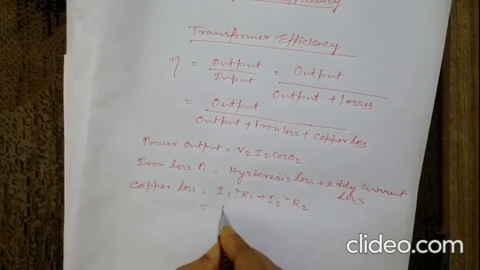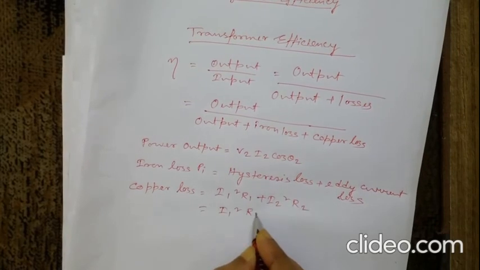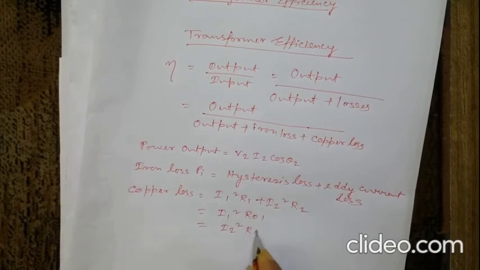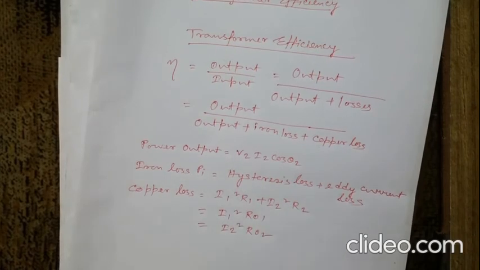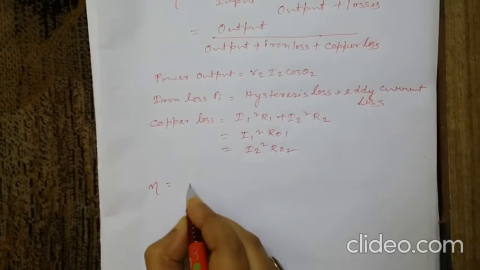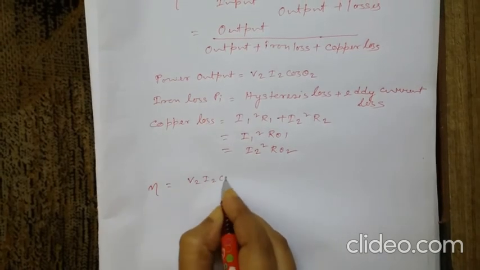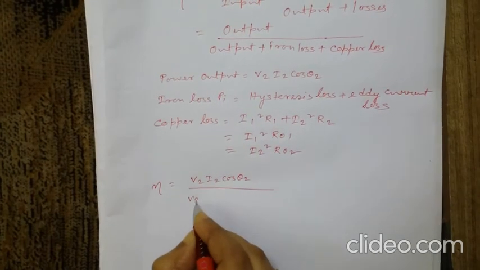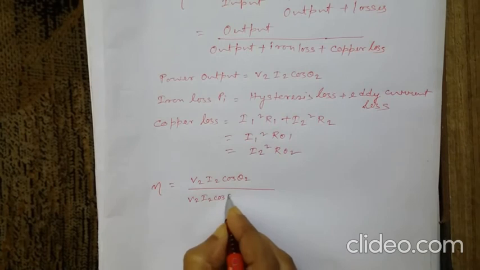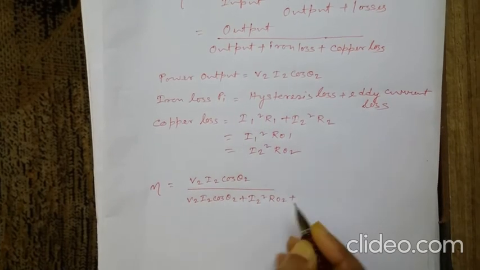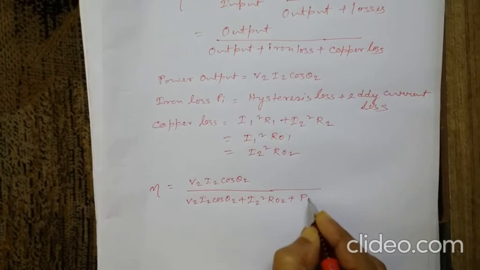From impedance transformation we can write I1 square R01 is equal to I2 square R02. So you can write efficiency equal to V2 I2 cos phi 2 divided by V2 I2 cos phi 2 plus I2 square R02 plus Pi.